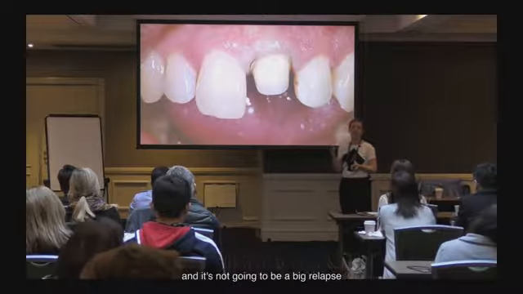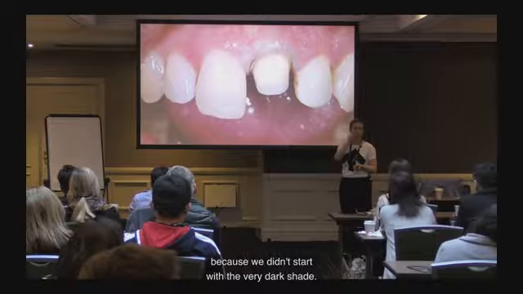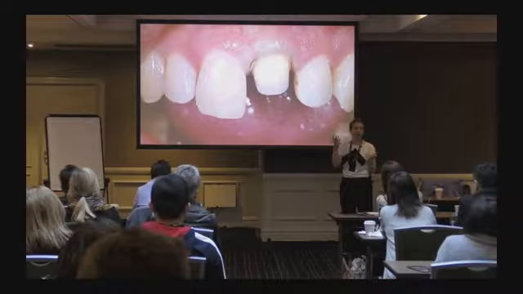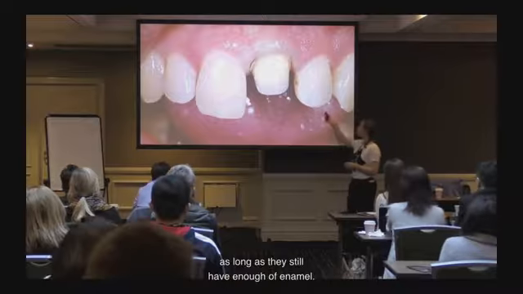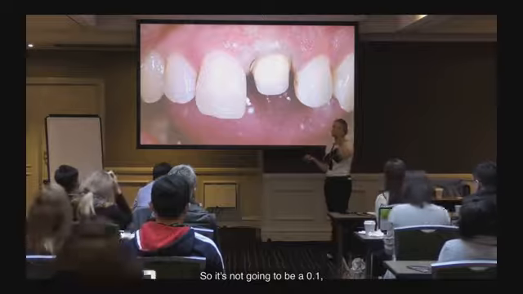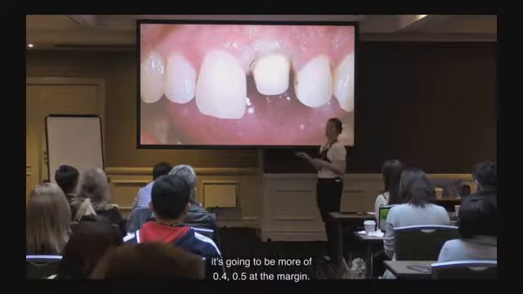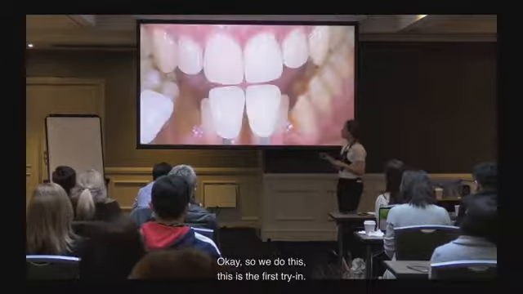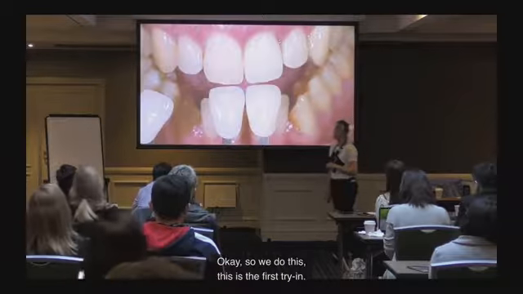It's not going to be a big relapse because we didn't start with a very dark shade. Even if it goes halfway back, it's not going to be a big problem as long as I still have enough enamel. So it's not going to be 0.1, it's going to be more like 0.4, 0.5 at the margin. Okay, so this is the first try-in.